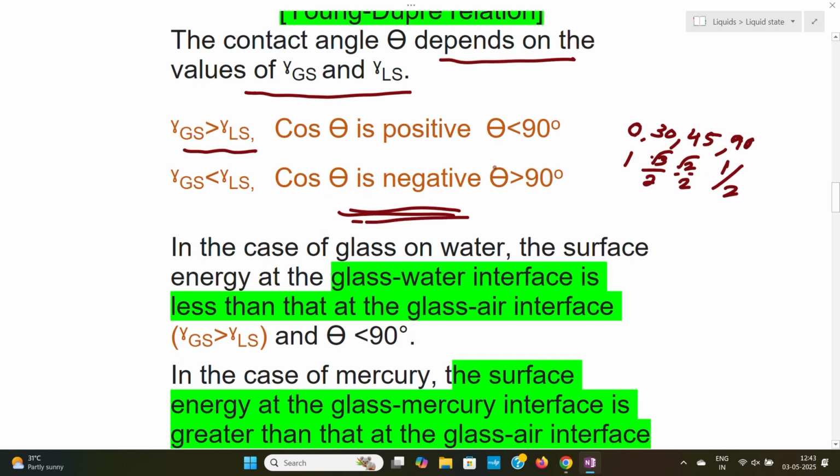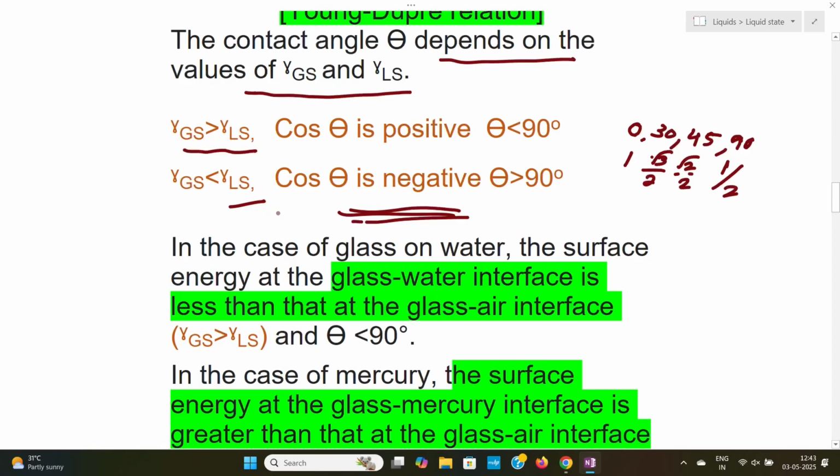Once again, when gamma Gs is greater than gamma Ls, cos theta is positive and theta is less than 90 degrees. When gamma Gs is less than gamma Ls, cos theta is negative and theta is greater than 90 degrees.